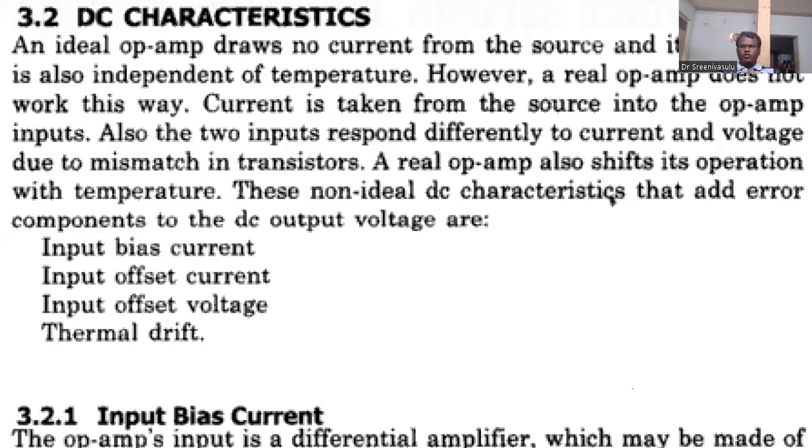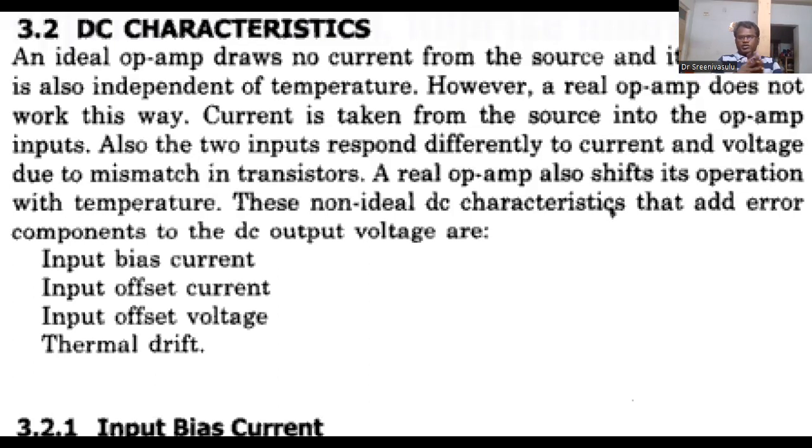Today, we are going to discuss the DC characteristics of the op-amp. Whatever we analyze for the theoretical case, we assume the op-amp is an ideal op-amp. The ideal op-amp draws no current from the source and is independent of temperature. But the internal circuitry of a real op-amp is made of transistors.